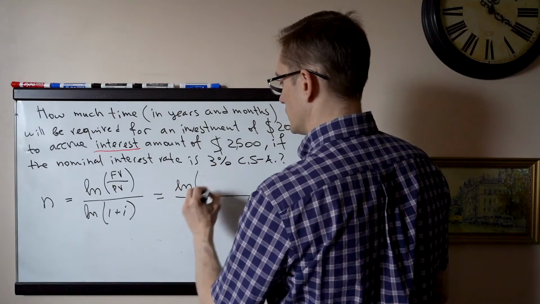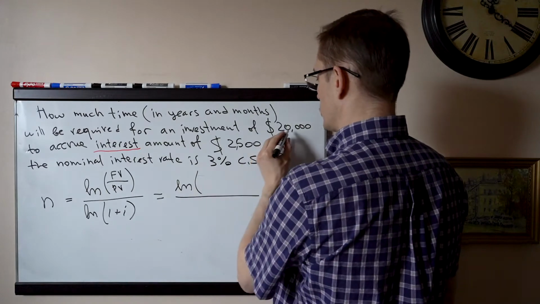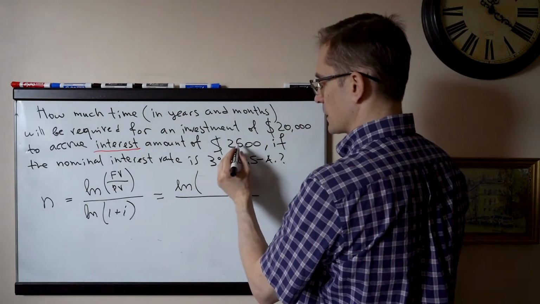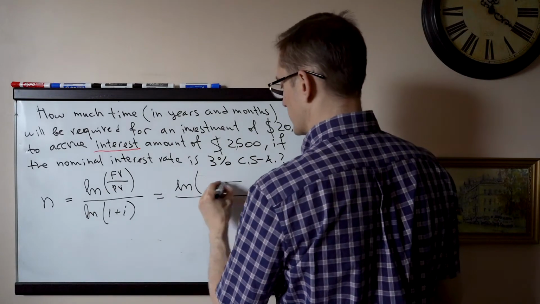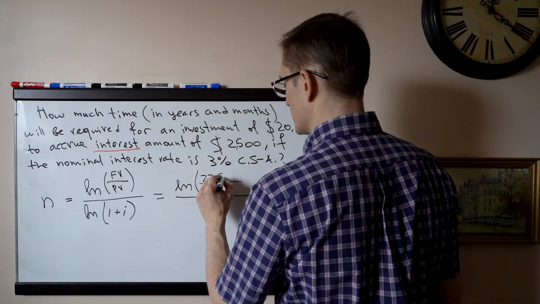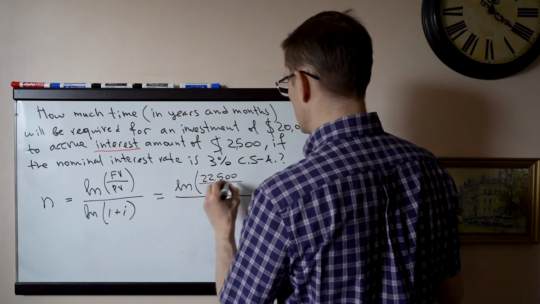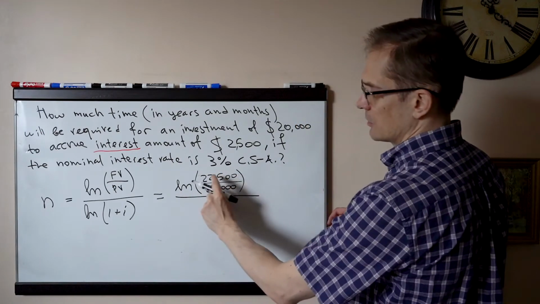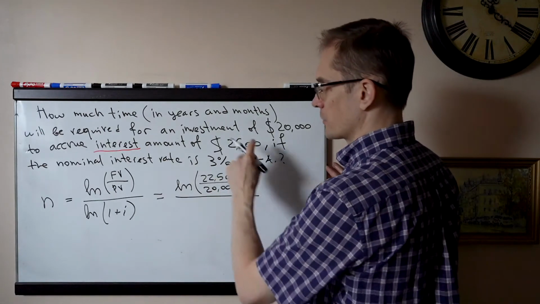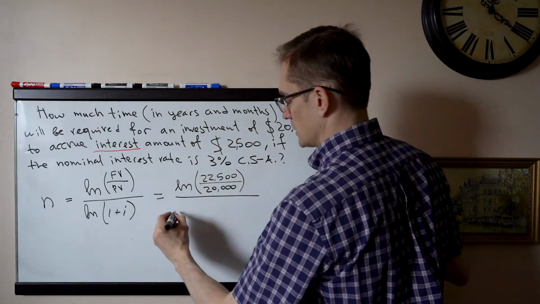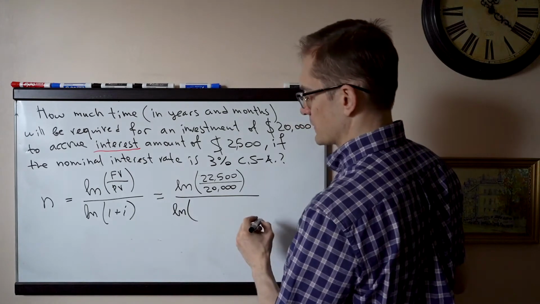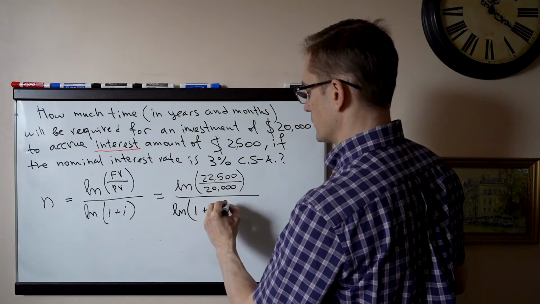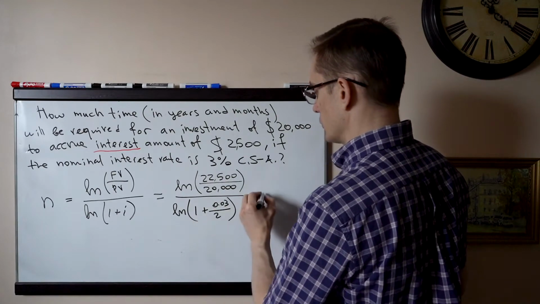Now in the logarithm on top, we have $20,000, the investment amount, plus 2,500, that's your future value, right? So it's 22,500 divided by 20,000. Okay, so that's the place to be careful about, to make sure that you add interest on top of the present value. And 1 plus i, where the rate is 0.03 divided by 2.